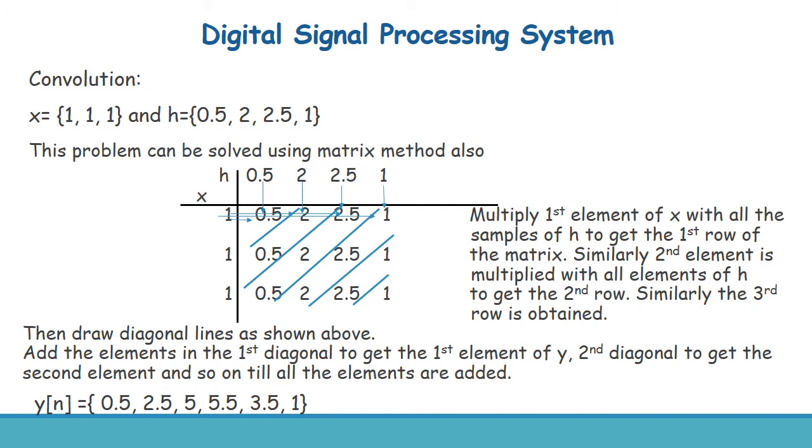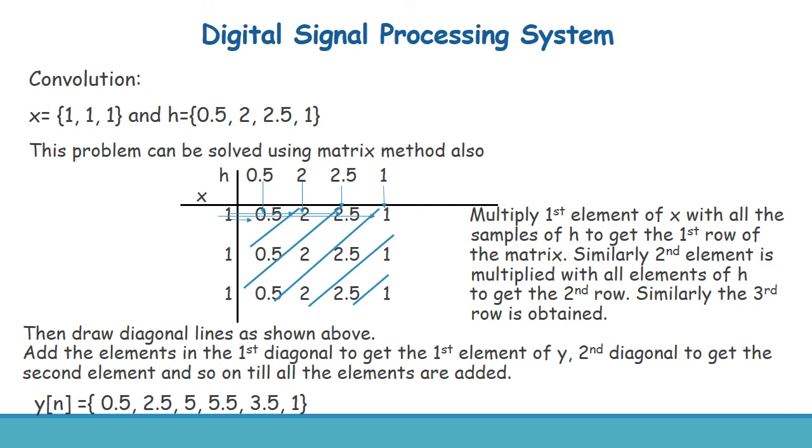And then I draw diagonal lines, and within a pair of diagonal lines you have some samples enclosed. The first one has only one sample, so your first sample is 0.5. Between the second pair of diagonal lines you have 2 and 2.5, add them, you get 2.5.